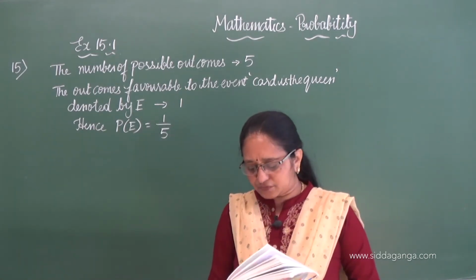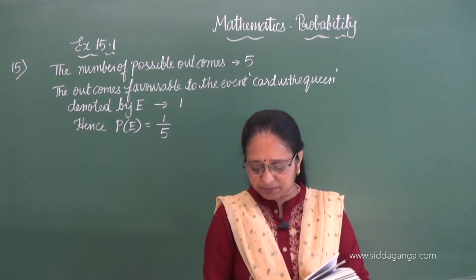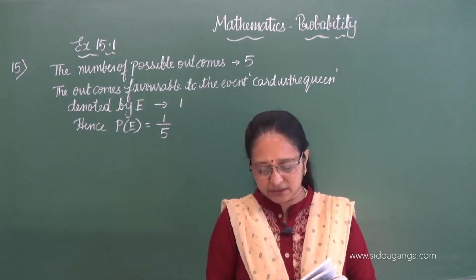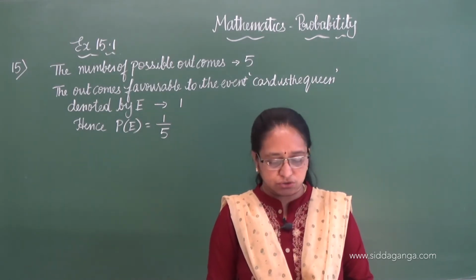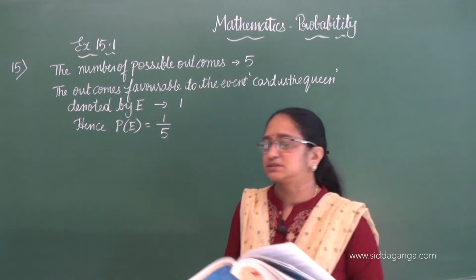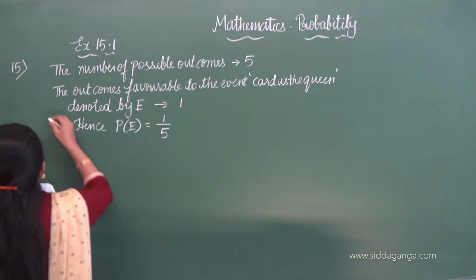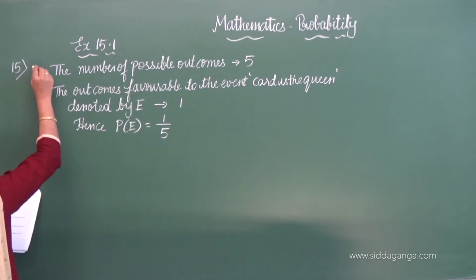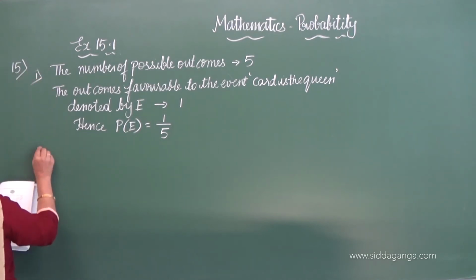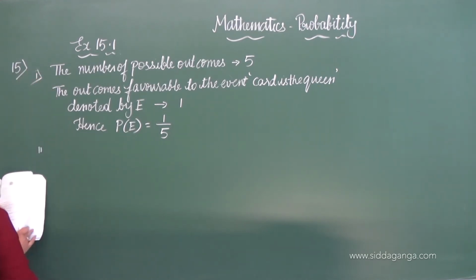Then, if the Queen is drawn and put aside, what is the probability that the second card picked is an Ace? Next sub question, this is the first one. Next, the second one.